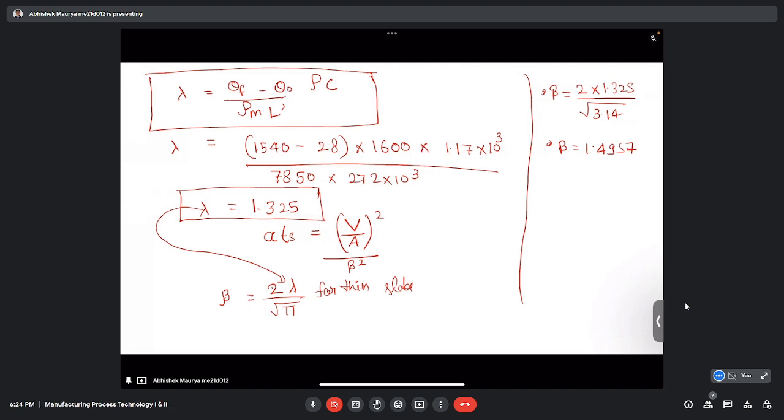Okay, now this is the relation we have between solidification time, the ratio of volume and area, and beta. So the only thing left to find out is alpha.